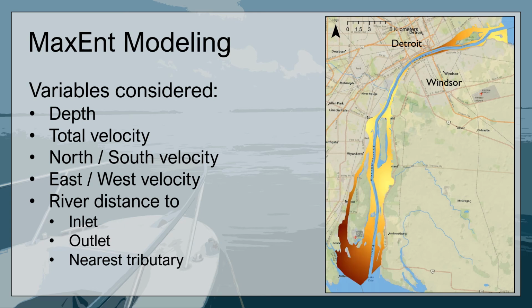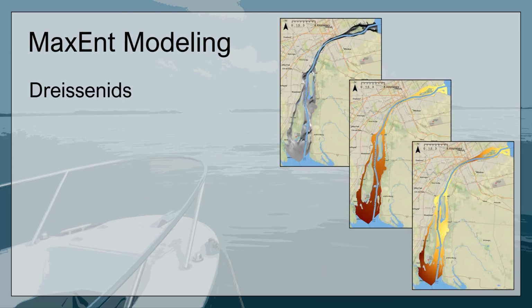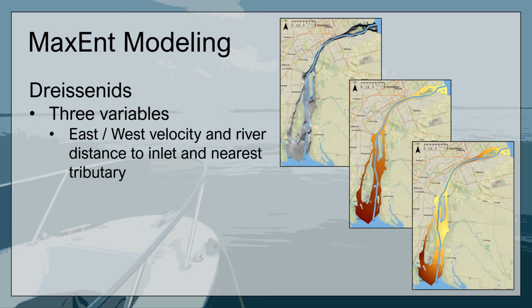We ran multiple configurations of these chosen environmental variables in order to obtain the best fit model for both Dreissenids and unionids. So, starting with the Dreissenids, the variables east-west velocity and river distance to inlet and the nearest tributary provided the best model with an AUC of 0.69.